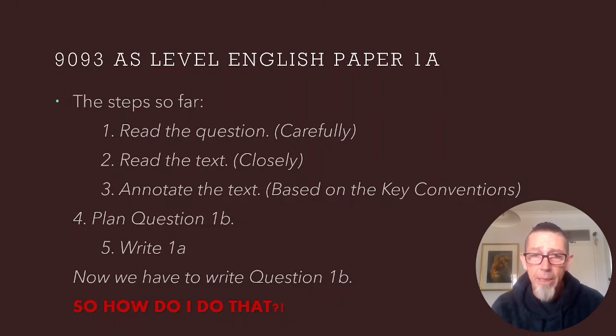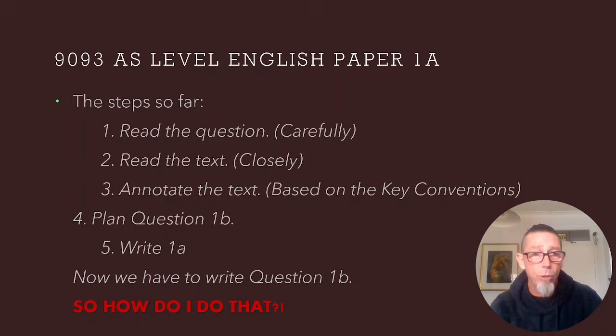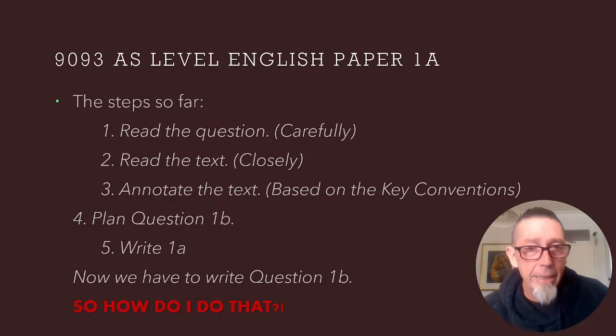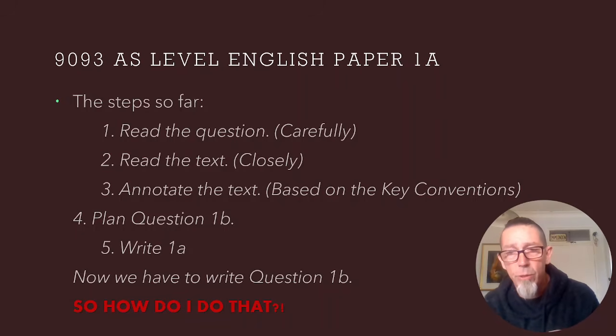When you're reading the text, read that text 3 times. When you walk into your exam room, just read the text to get your mind into the game. Then you've got to read the text closely. Make sure you read it at least twice. Annotate the text based on your key conventions. You should know your key conventions right now.